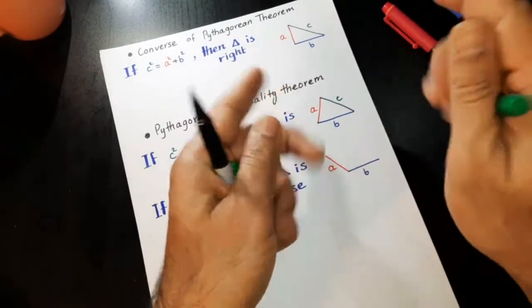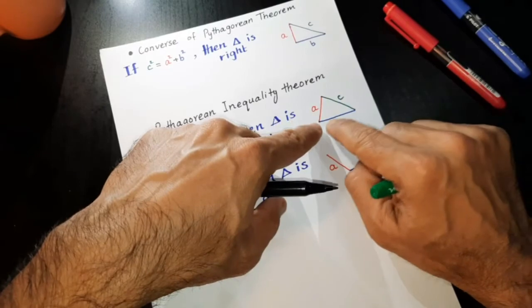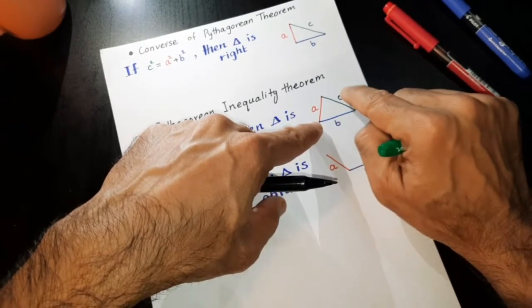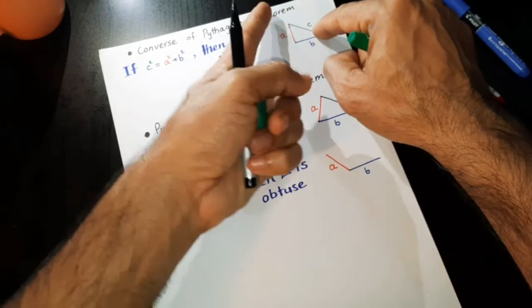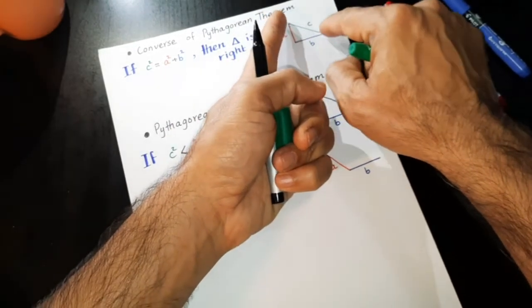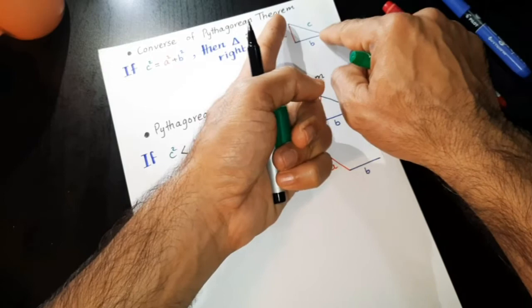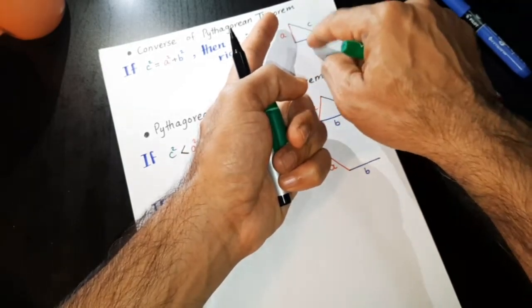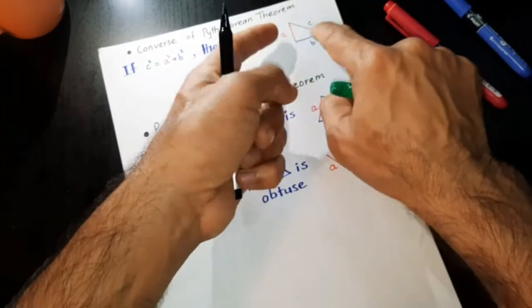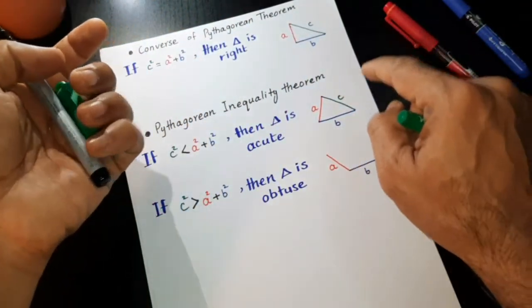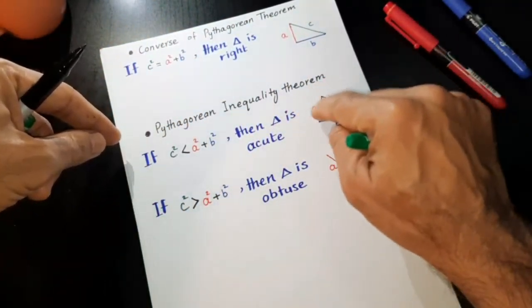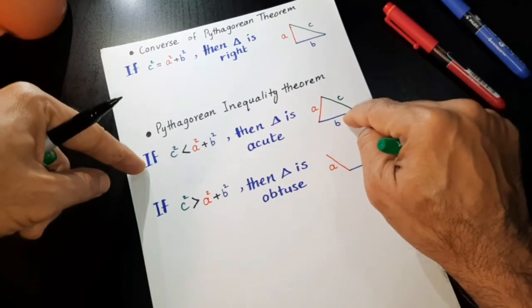And this makes sense, because this is the longest side. This is not going to be longer than the C. So if C gets smaller, the angle between the sides A and B is going to be less than 90 degrees. Okay, and these two are going to be automatically acute angles. So this is going to be an acute triangle.